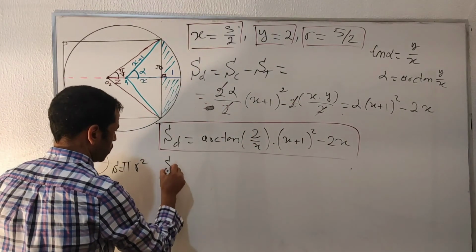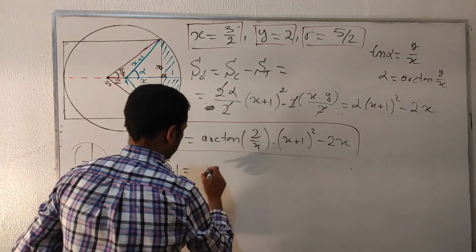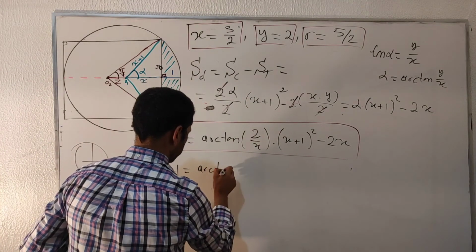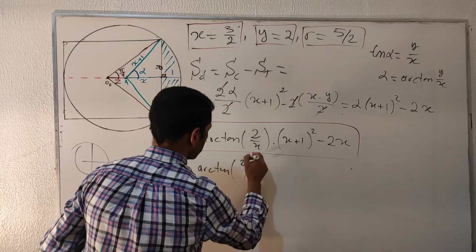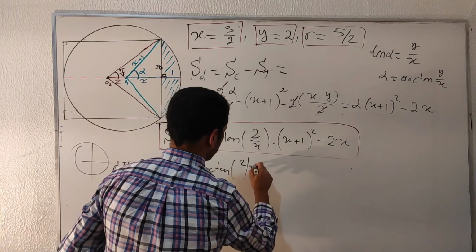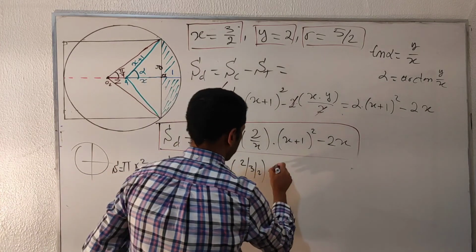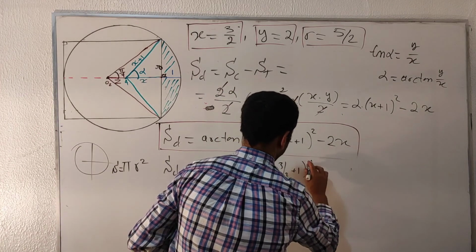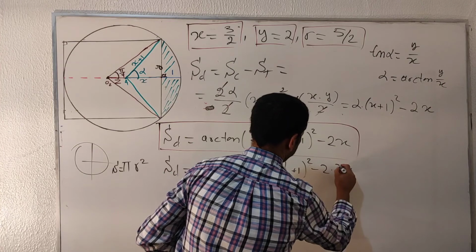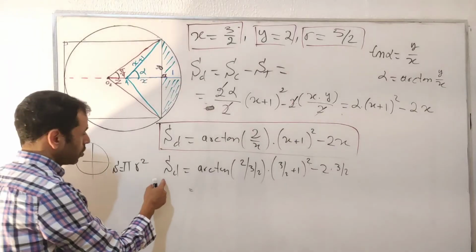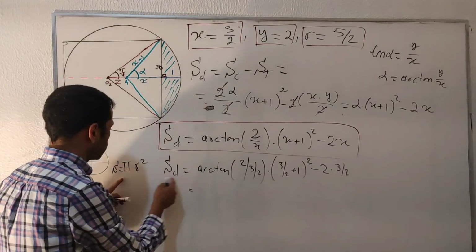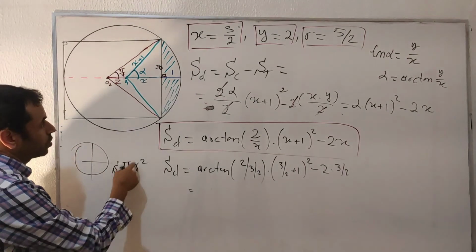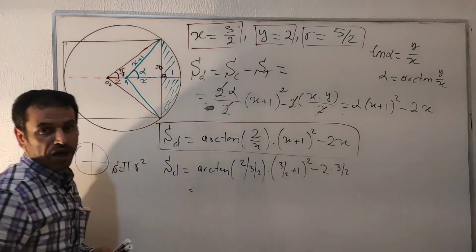Now calculating this area SD, arc tangent of 2 over x, with x replaced by 3 over 2, multiplied by (3 over 2 plus 1) squared, minus 2 multiplied by 3 over 2. But remember here we are going to convert this angle to radians, so multiply by pi and divide by 180 degrees.